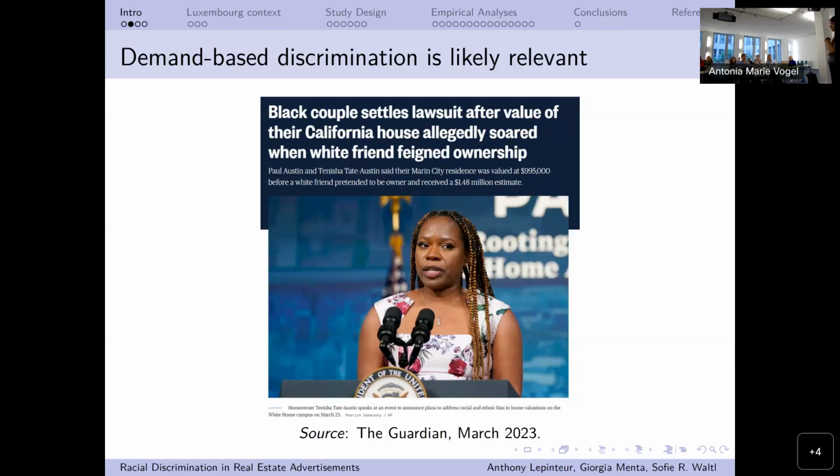This actually affects this family, because it means they can borrow much less against the value of their property. And they also get a worse credit rating and things like that. So we believe that this kind of appraisal bias, if affected by some kind of discrimination, can have quite important economic consequences. That's why we also look at that one.